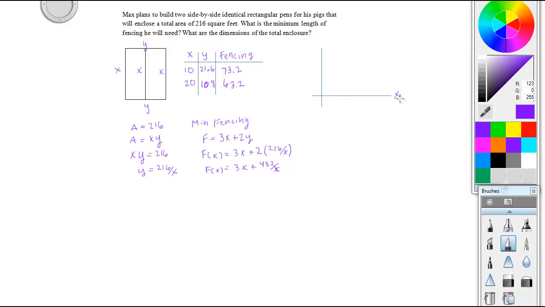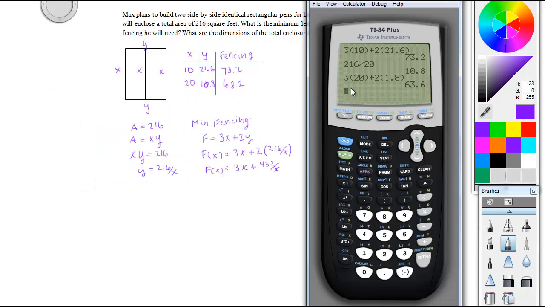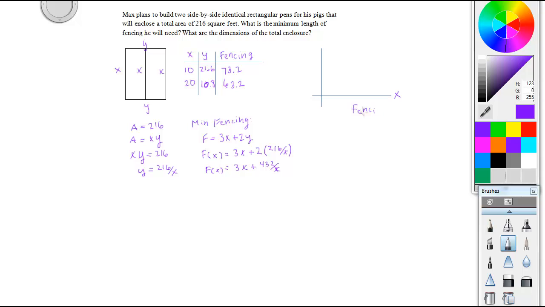So this length x is the side of the field, and this length here represents the fencing.